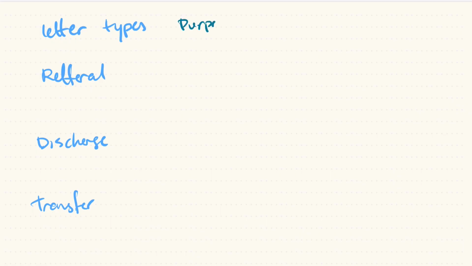So a letter type is either referral or discharge or transfer. And let's choose a different color. So here is purpose. The purpose of referral is to request help or a second opinion from a specialist.